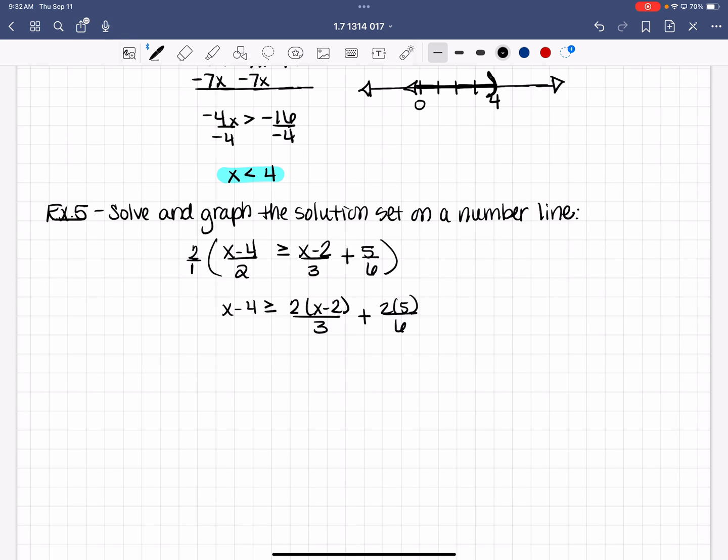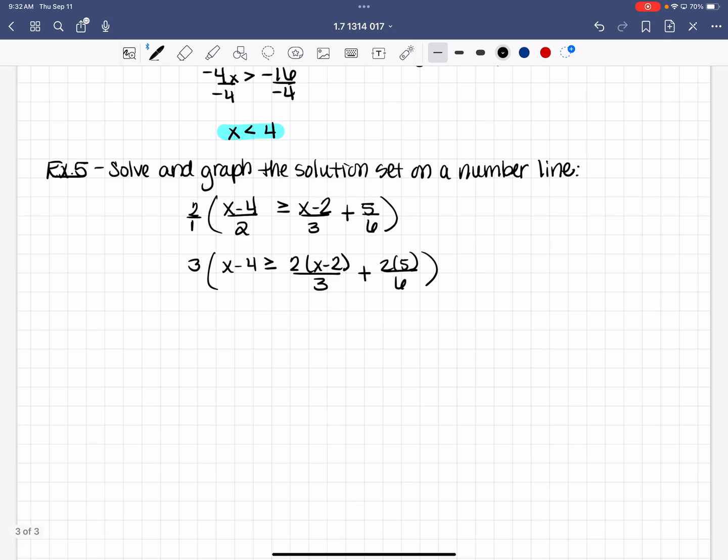What's the next denominator I'm going to get rid of? 3. Multiply the whole thing times 3. That's going to be 3 times x minus 4 is greater than, well, 3 times 2. Oh, no. Do I have to write the 3 in the top this time? No, because that's the denominator I'm getting rid of, so they're going to cancel.